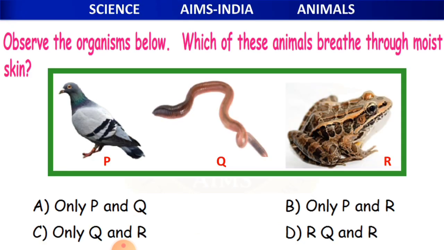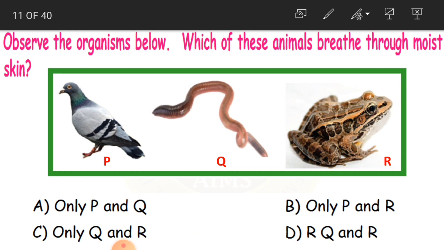Now, if you observe here, you have got three pictures. Observe the organisms below. Which of these animals breathe through moist skin? You have got a pigeon here, a snake here and a frog. So which of these animals are going to breathe through moist skin?